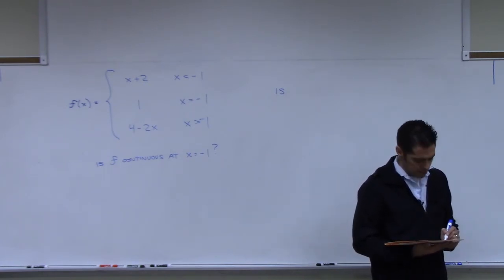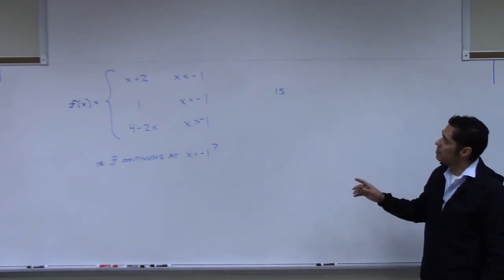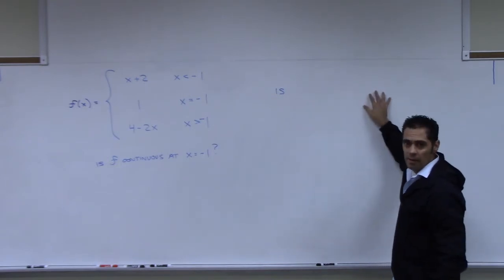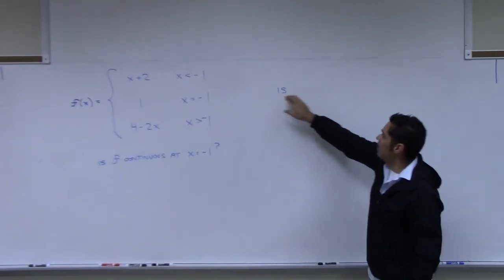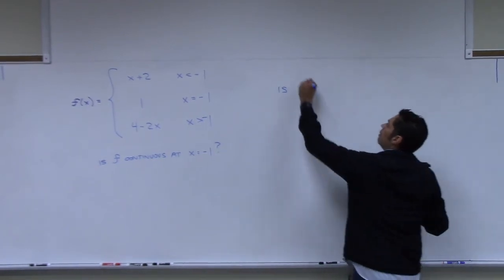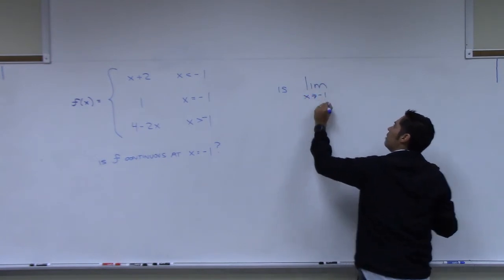Pierce? All right, Pierce. My question to you right now is for you to tell me what it is that I am trying to check here. So you would check the limit of -1, as x goes to -1. Okay.